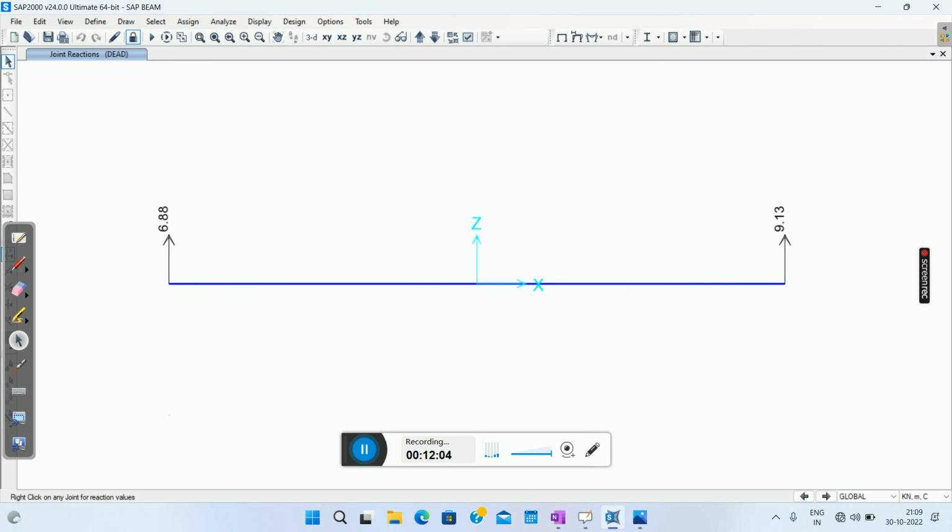See here, your final answers are reaction RA 6.88, reaction RB 9.13. So it is matching.